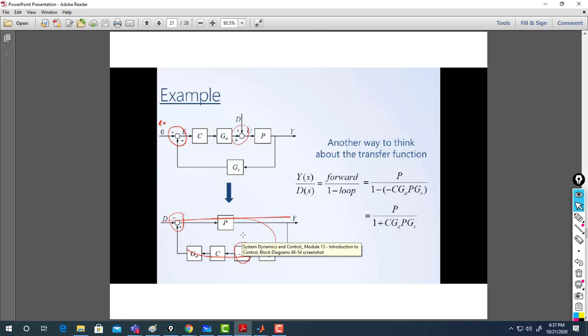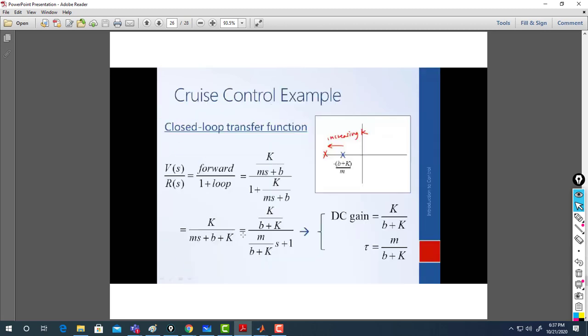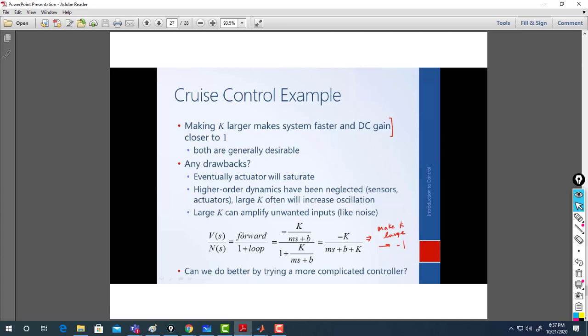Good. So here you have it. What I said is making K large. Okay, making K large makes the system faster and the DC gain closer to 1. So steady state error will decrease.